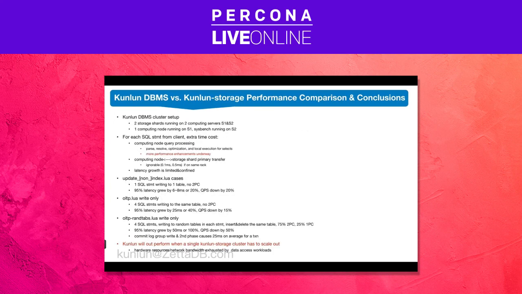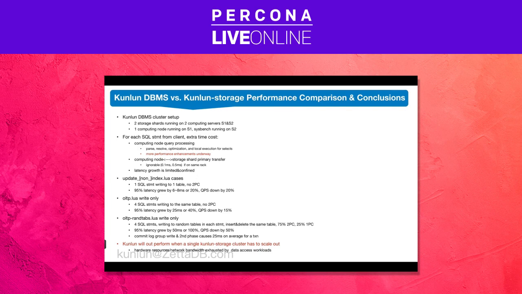Finally, this is a performance summarization of Kunlun DBMS. Compared to Kunlun storage, there is a layer of computing nodes between clients and Kunlun storage shards. So there has to be some latency added for every SQL statement, caused by computing node query processing, that is, the parse, resolve, and optimization phases, and finally the local partial result summarization phase for selects.